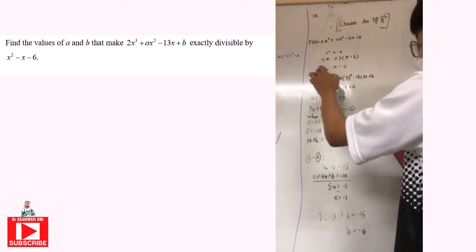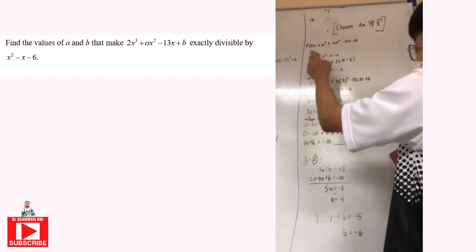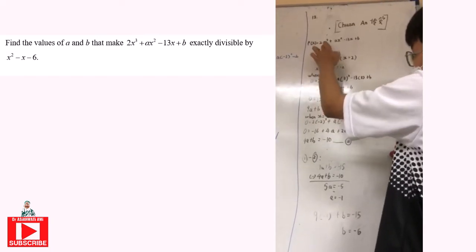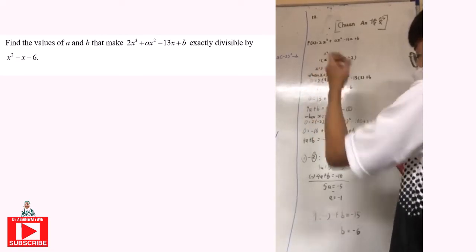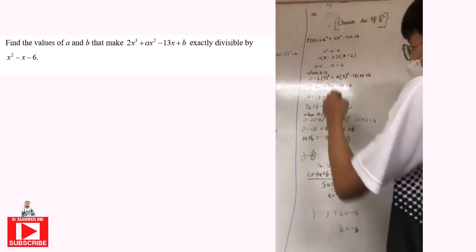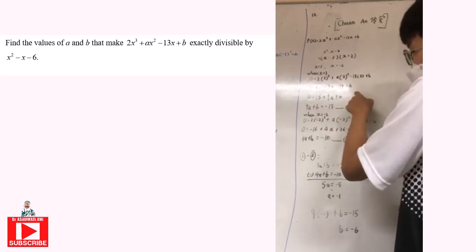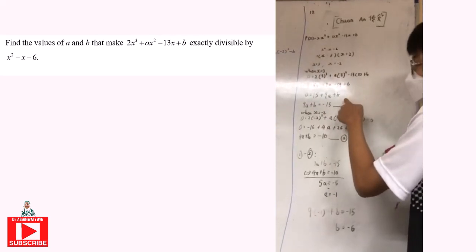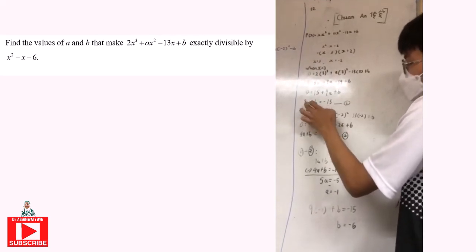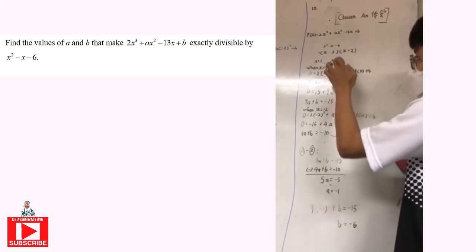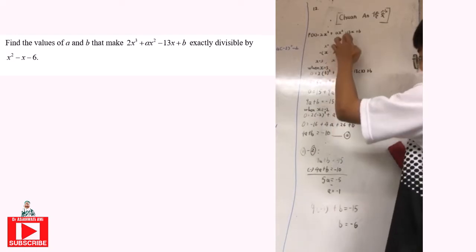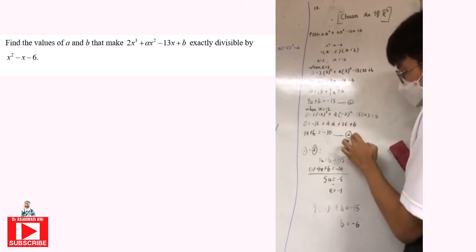So we substitute this x equals to 3 into these equations, and it's equal to 0 because it's exactly divided by this equation. And we'll get 9a plus b equals to negative 15, first equation, and we sub x equals to negative 2 into this equation to get second equation.